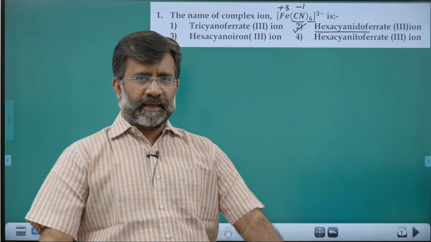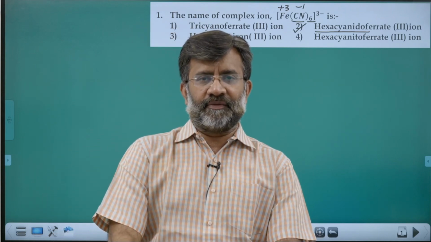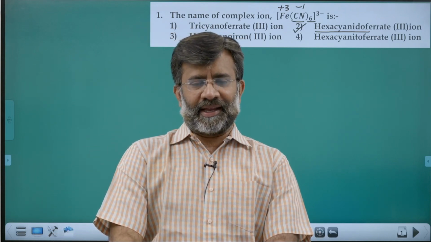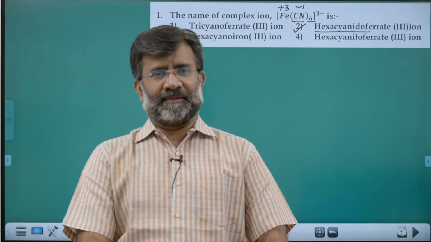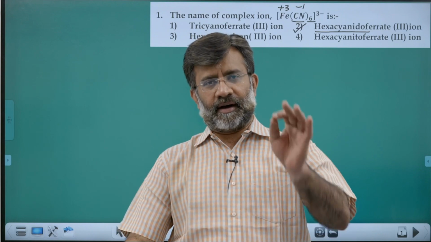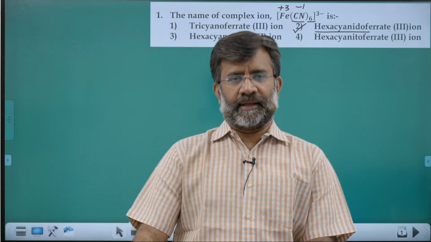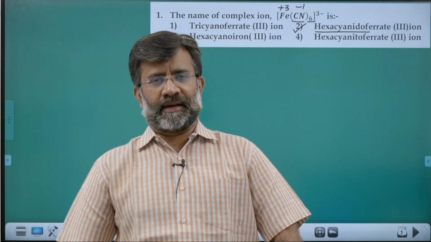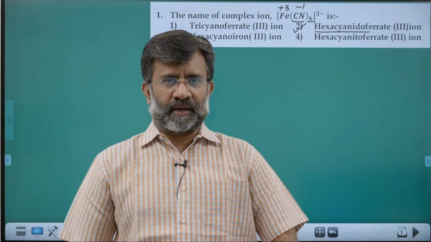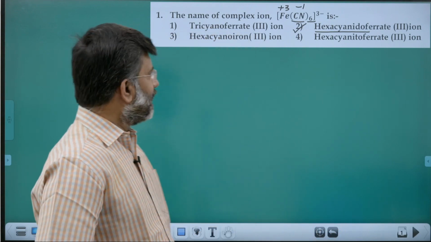And anionic ligands will be named with the metal atom naming ate, ferrate, cobaltate, nickelate, zincate, like that. So it is hexacyanidoferrate 3. 3 stands for the primary valency of central metal atom. That is nothing but oxidation state. Clear? Fine. Next.